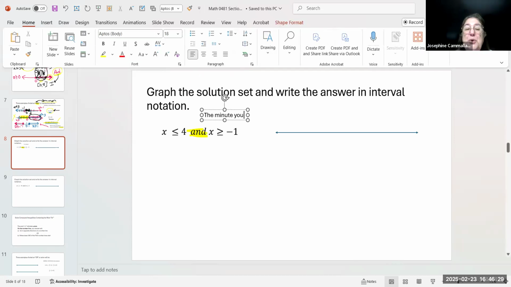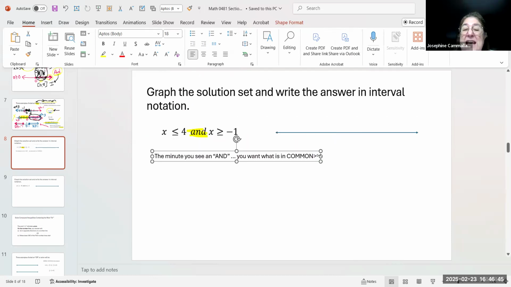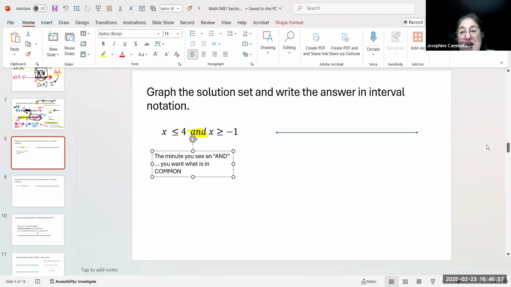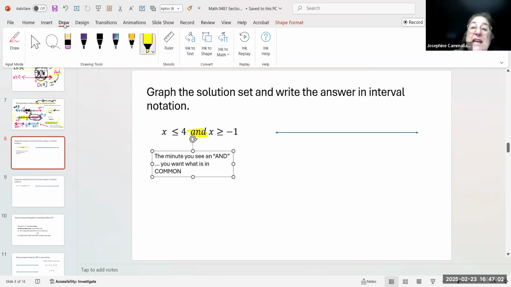The minute you see "and," you want what is in common. That's the catch. You have got to have what's in common. And if you don't have what's in common, you're never going to get your interval notation drawn correctly.